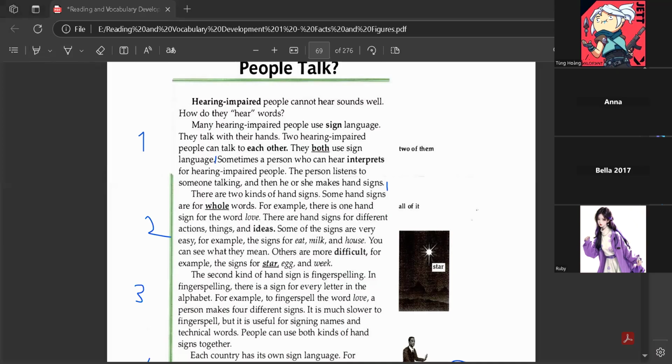Is it about sign language? No, well, I don't know. How can people interpret for hearing impaired people? Like, how do they understand it?